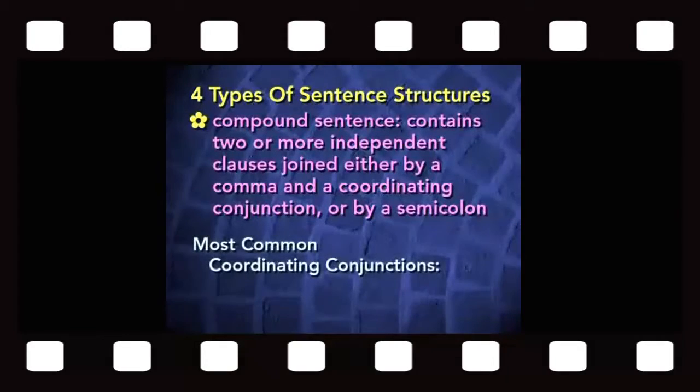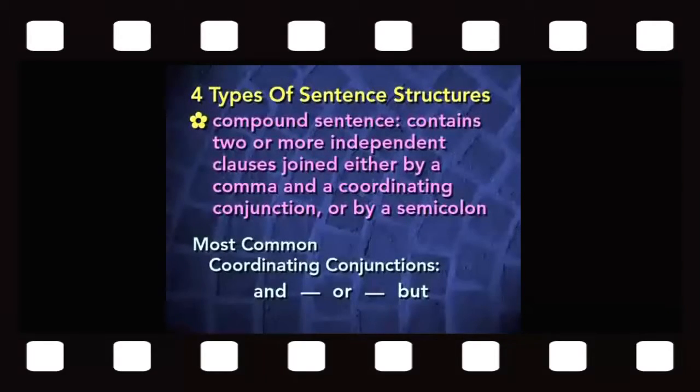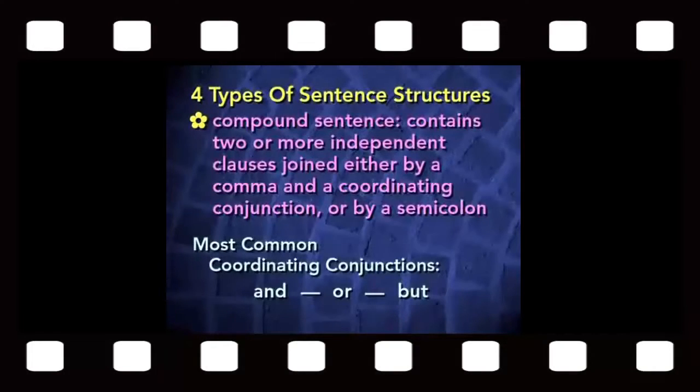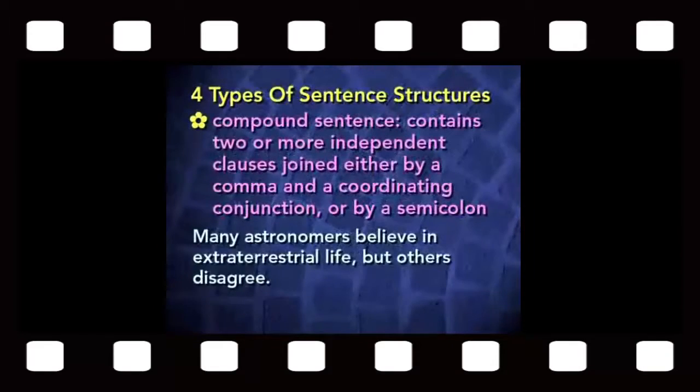The most important and common ones are and, or, and but. So one way of joining 2 independent clauses to create a compound sentence is by using a comma and the word and, or but. Another way of connecting 2 independent clauses to make a compound sentence is by using a semicolon in between them. Let's take a look at an example of a compound sentence.